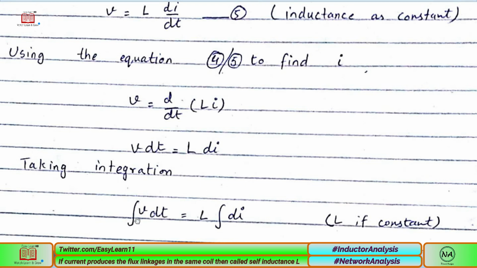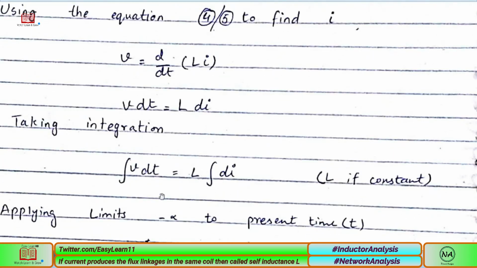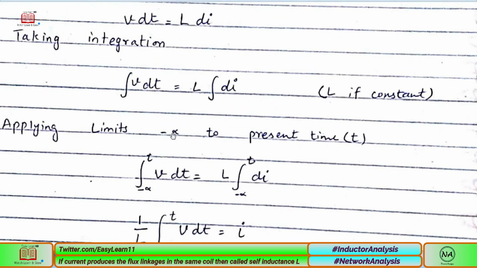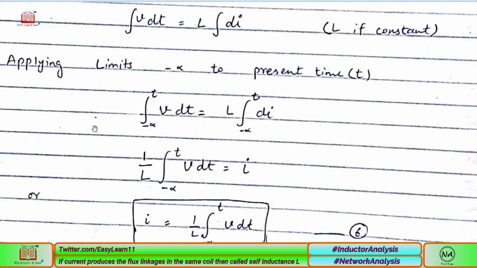Taking the integration of this equation, the integral of v dt and L constant di, applying the limits minus infinity to the present time t, as we did in the capacitive system. So 1 over L, integral from minus infinity to time t of v dt, is equal to i. How? This L is on the multiplication side, so it will come to the other side in the denominator, 1 over L.